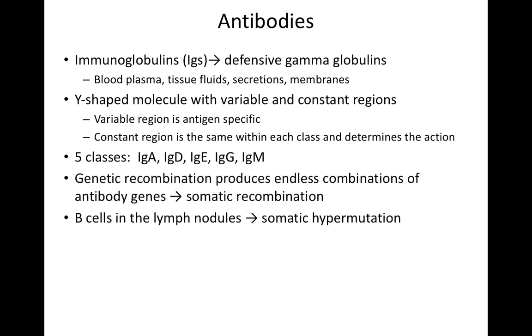How do we get an infinite number of claws? 2 ways. First of all, we've got the endless combination of the genes that I was talking about before with T cells. This is called somatic recombination. This is like taking the 26 letters of our alphabet and making an infinite number of words out of them. We just keep rearranging the genes and we get a brand new version, a brand new word, if you will.